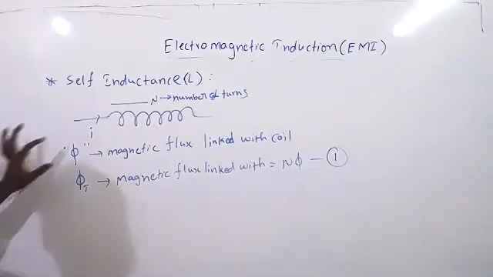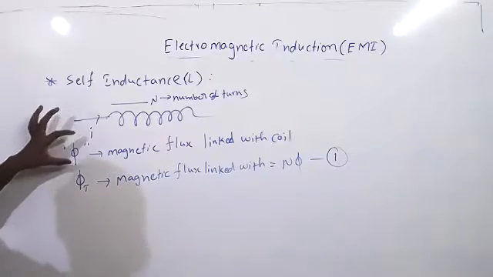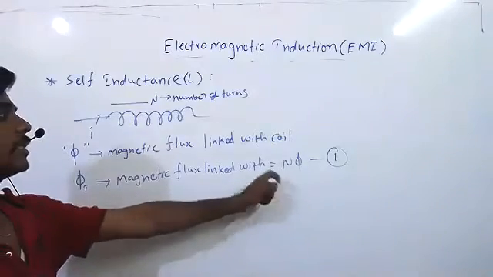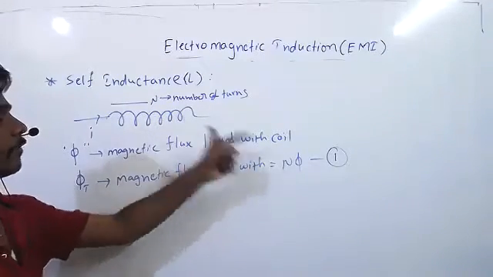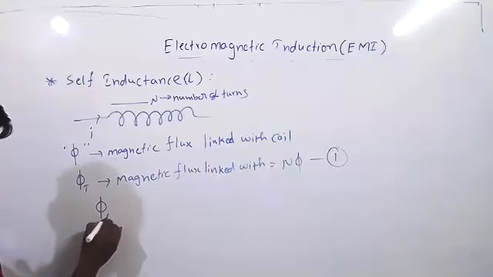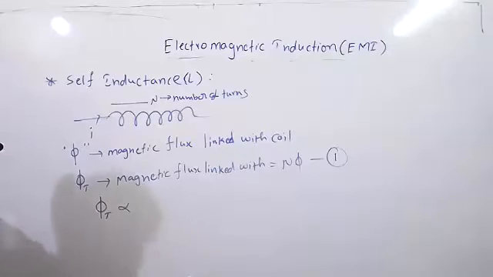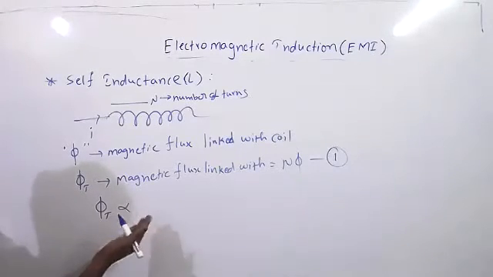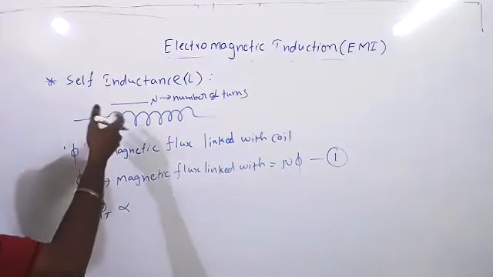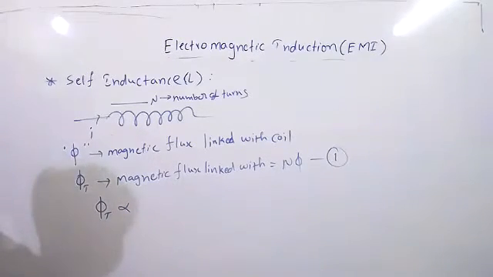For one turn, the flux is this much; the total flux is equal to N phi, each turn times its flux. So this total flux is directly proportional to what? Do you have an idea? This flux depends on what? Current. So current I.